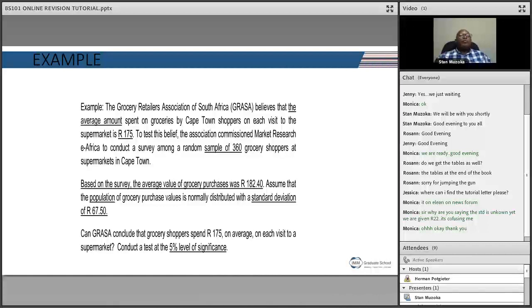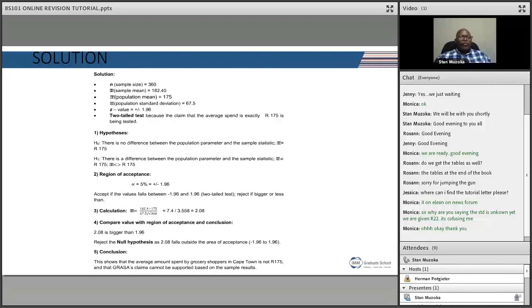Because we are being told it is equal to, we use this management question to set the null hypothesis. Therefore, H0: mu is equal to 175.